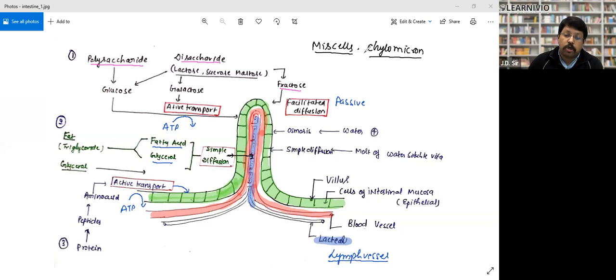These chylomicrons are absorbed by lacteal with the active process.